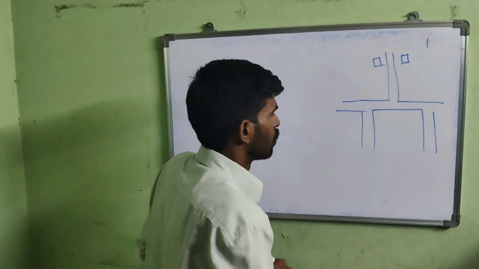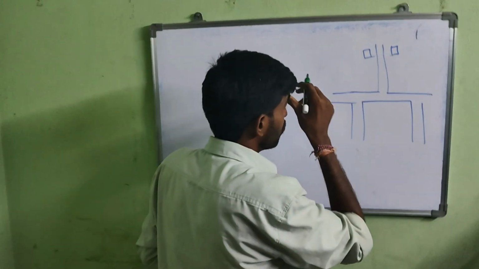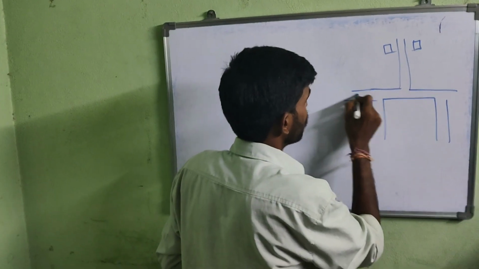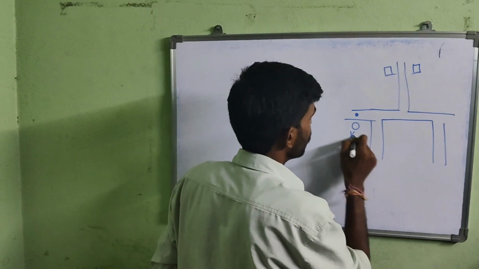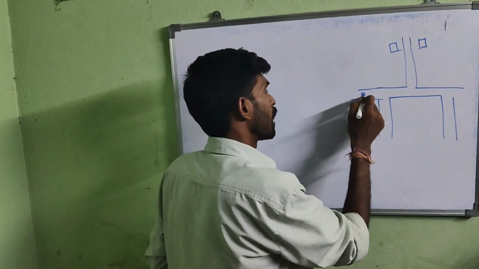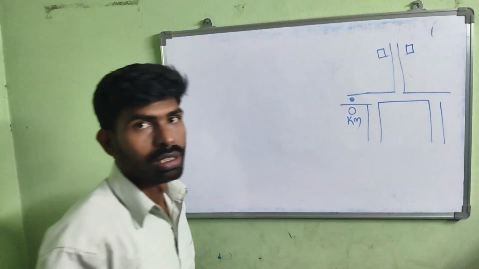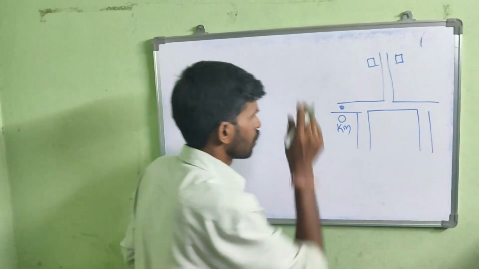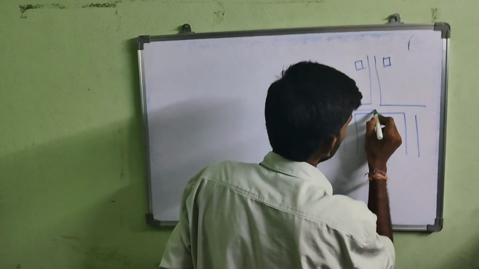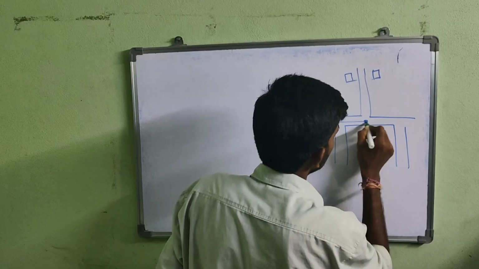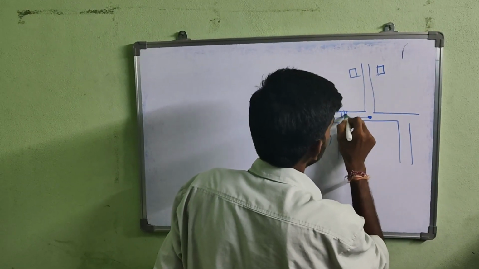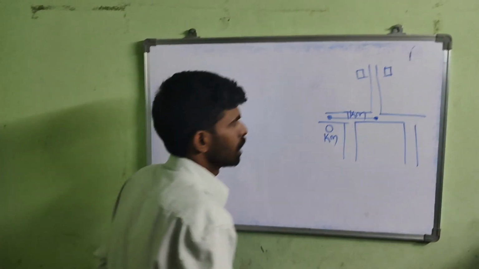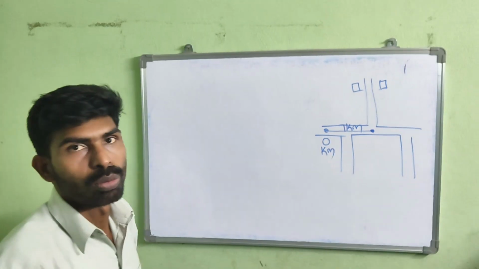Okay, for example, I am taking this as the 0 point, the 0 kilometer reading. From here I consider it as 0 kilometer reading. Now from here to here, for example, it is 1 kilometer.